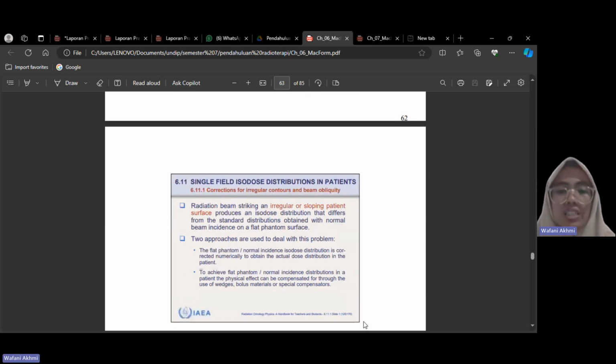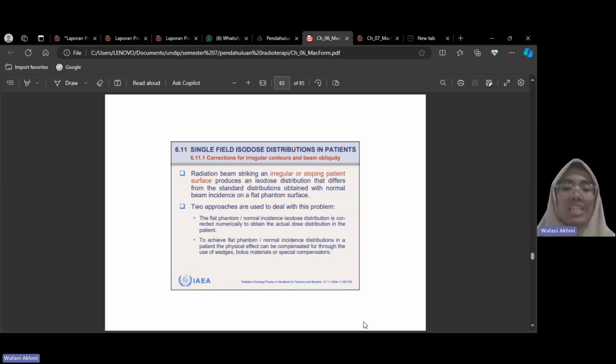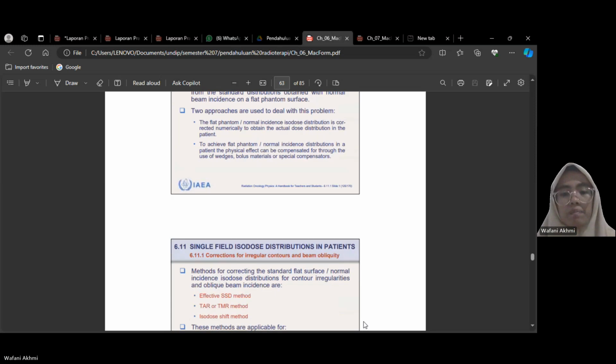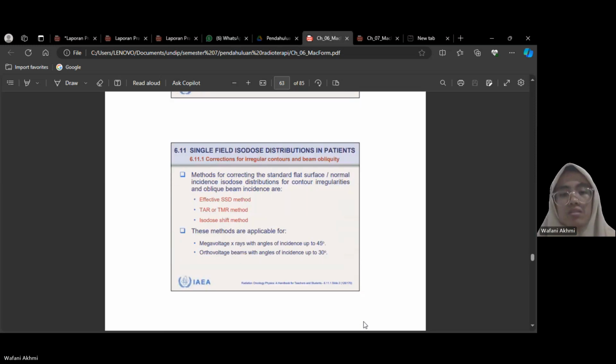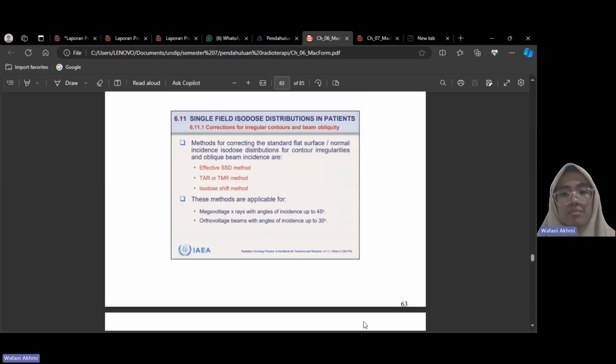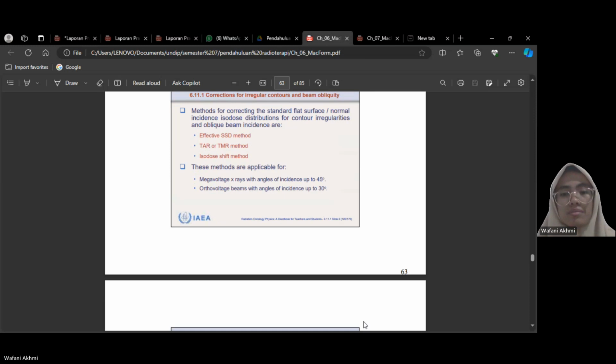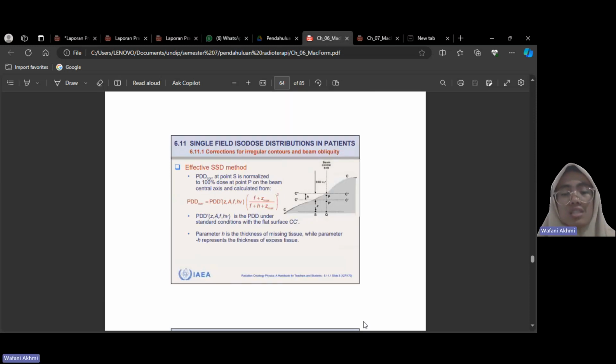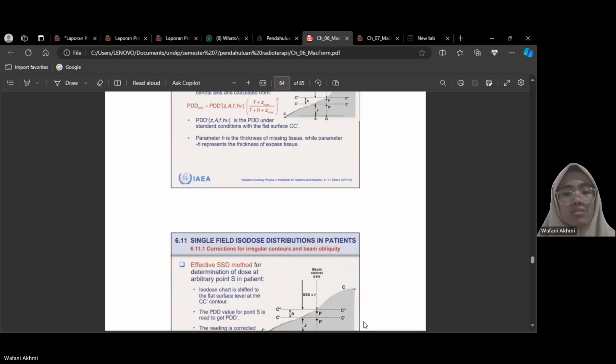A radiation beam striking an irregular or sloping patient surface produces an isodose distribution that differs from the standard distribution obtained with normal beam incidence on a flat phantom surface. There is the effective SSD method.